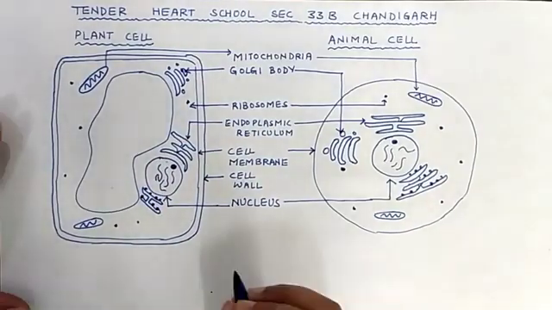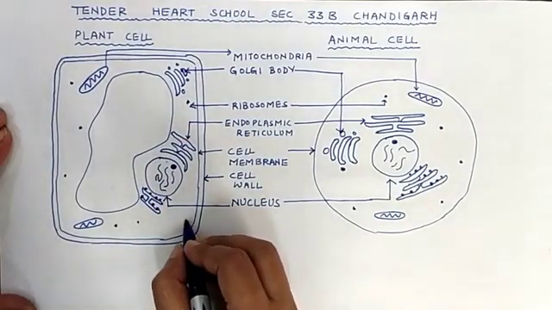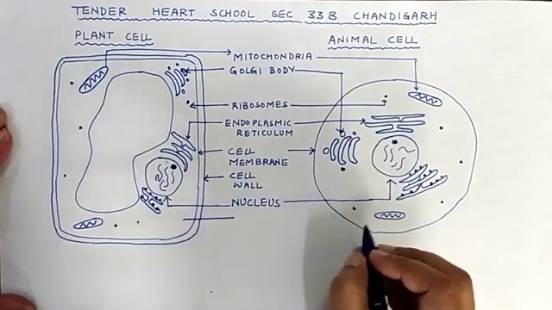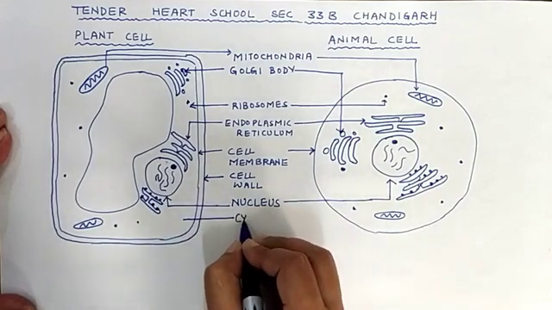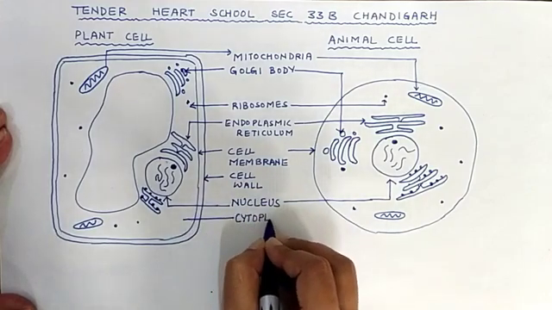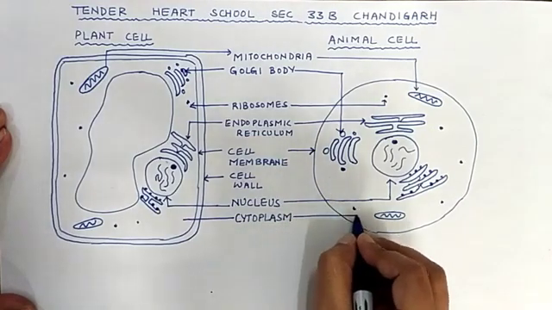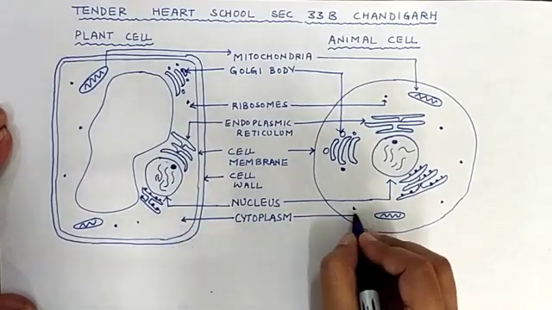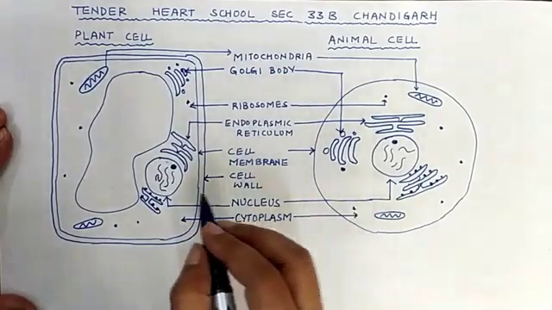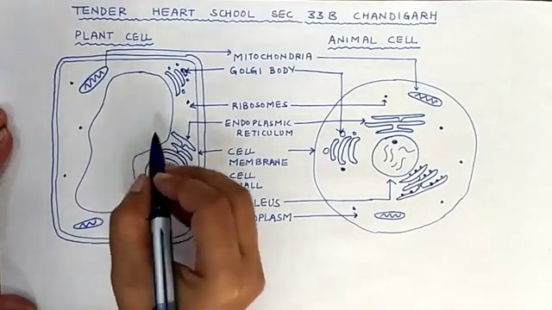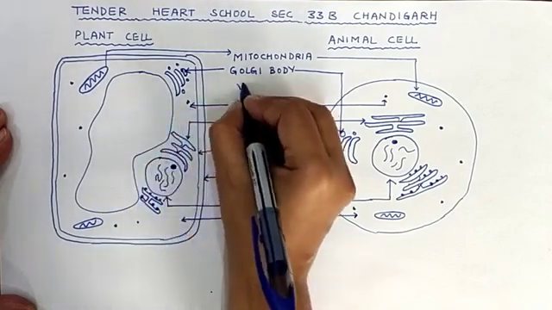Okay, we have not labeled the cytoplasm as yet. So just label the cytoplasm. Cytoplasm is the fluid in the cell. So this is cytoplasm, right? Cytoplasm, the liquid, the fluid present in the cell. Fine. And this one is the vacuole. The big vacuole is shown in the plant cell.